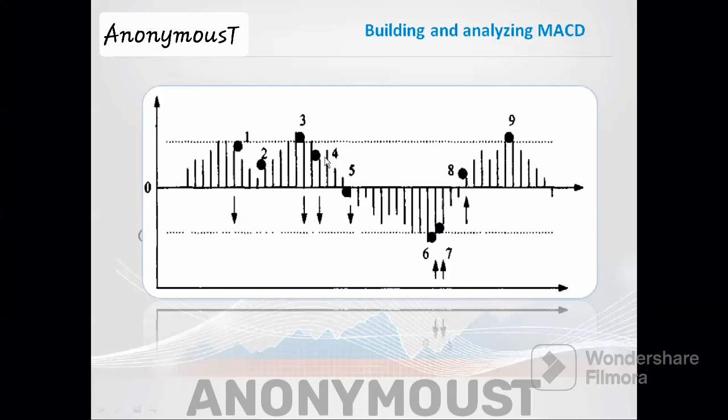Here it keeps on making new lows, and then here it goes below the line. So the moment you see this kind of movement, you should note that now it is going into a selling zone. The selling zone starts from here and is on till the line doesn't make a new low.